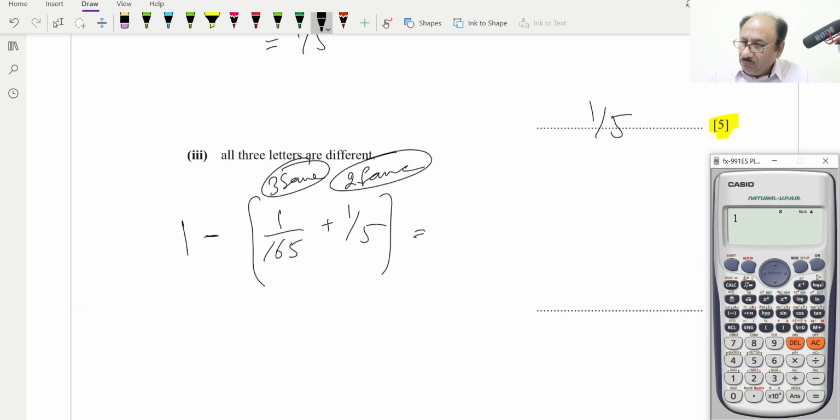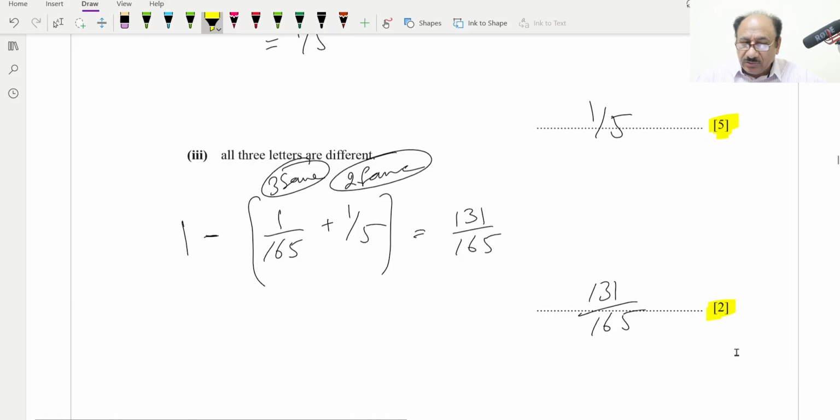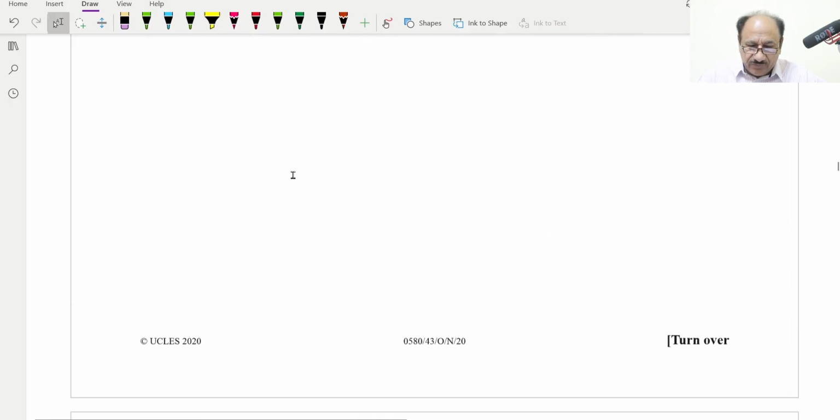This will be 1 minus, in brackets, 1 over 165 plus 1 over 5, and answer will be equal to 131 over 165, and we can provide probability over here. This is also 2 marks question which we have done over here. Basically, I wanted to highlight the marks so that you can understand the importance of this.